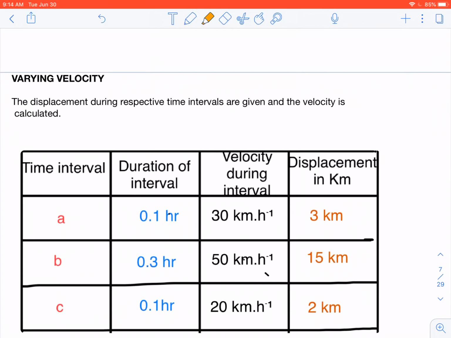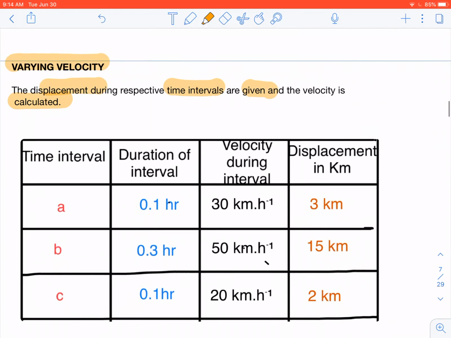Okay, now we're looking at varying velocity. The displacement during respective time intervals is given, and the velocity we need to calculate. I have already calculated the velocity, but I'll give you an indication of how we get it.